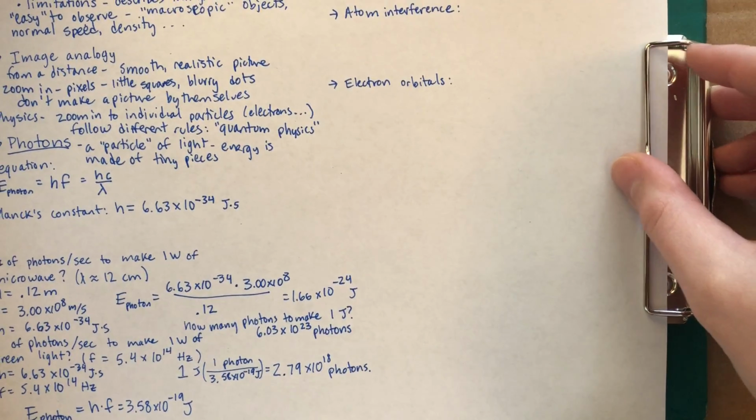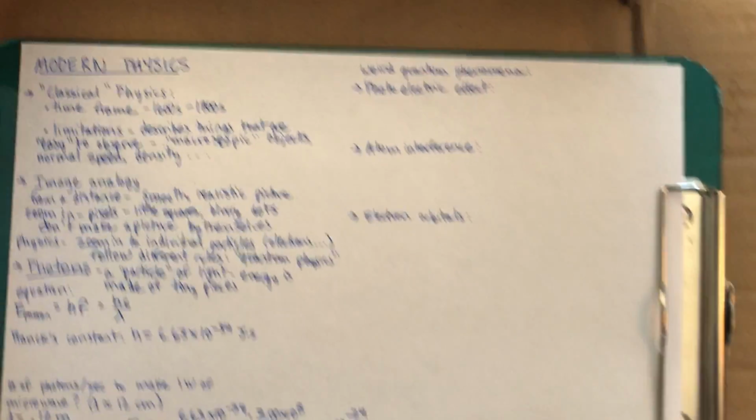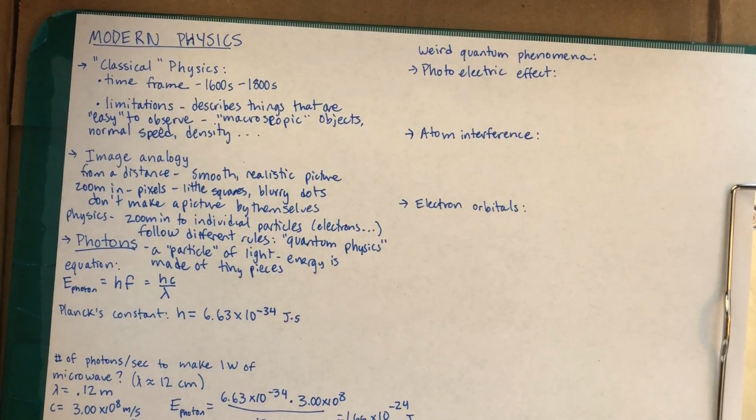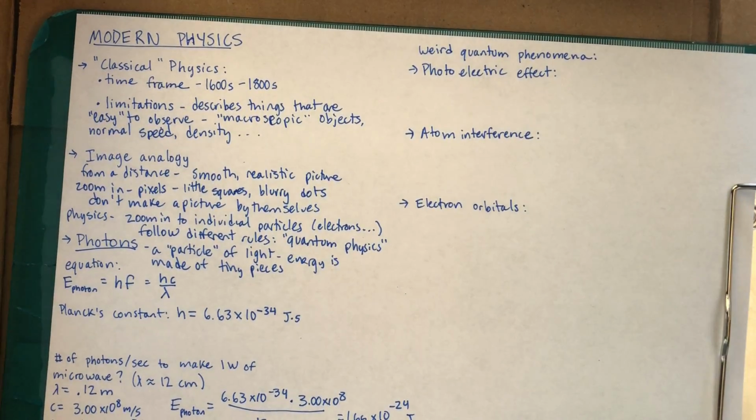So let's look at some interesting consequences of this. The first one I want to talk about is the photoelectric effect. And I'll just describe it in words. We're actually going to learn a little bit more about this later. But to help you understand why we care about this photon thing, here's the idea.